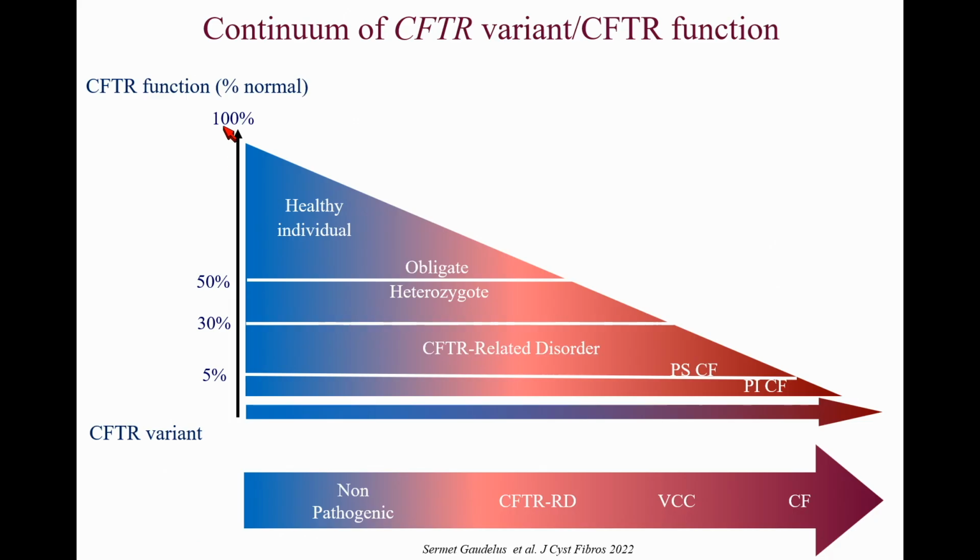So this continuum of CFTR variants from non-pathogenic to CFTRD to VCC and CF correlates, obviously, to the continuous gradients of CFTR function, below 50%, the CFTR function of the obligate heterozygous, and probably between 5% and 30% of the normal CFTR function for VCC and CFTRD variants according to their residual function.